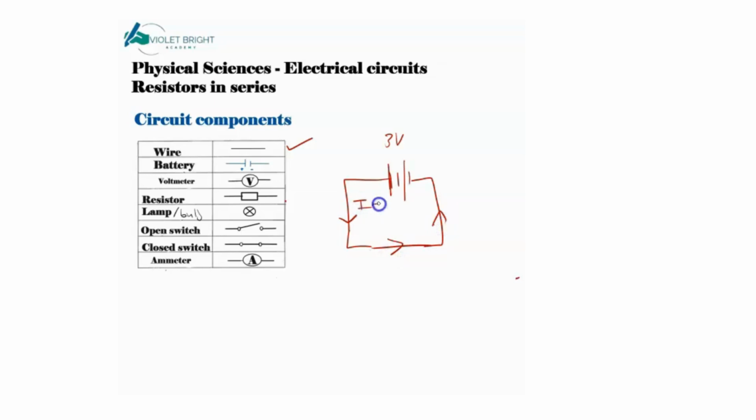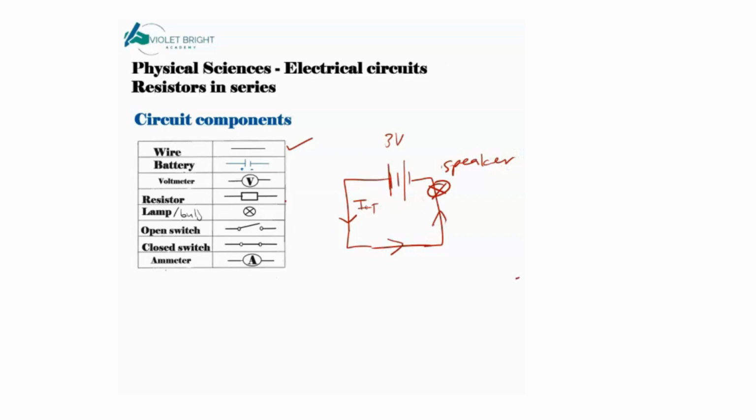But now, let's say we have a bulb or a speaker. What will happen is that current will just flow and flow.